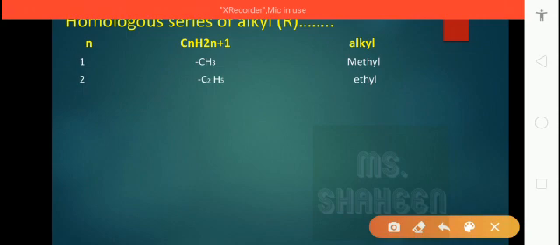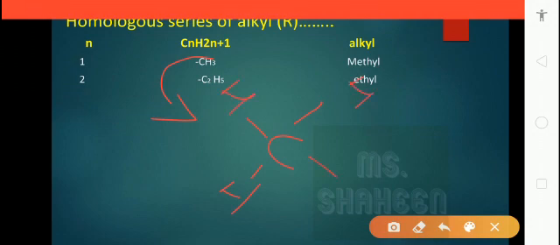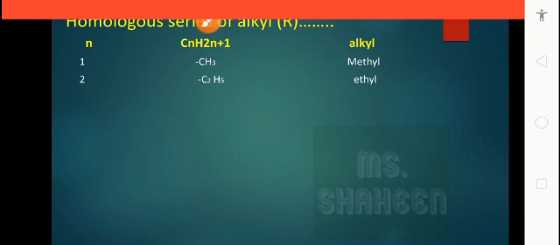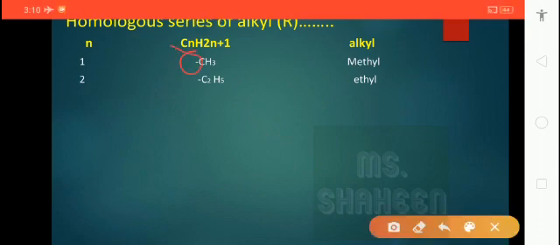If I explain the structure of methyl a little, it would be like this: carbon attached with 3 hydrogen atoms, and one bond is still waiting for a functional group. Any functional group could be attached to this bond to complete all the bonds of the carbon. That's why it is written like this, and the same in the next one.